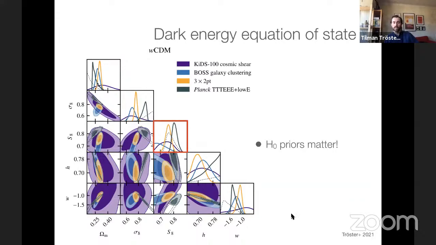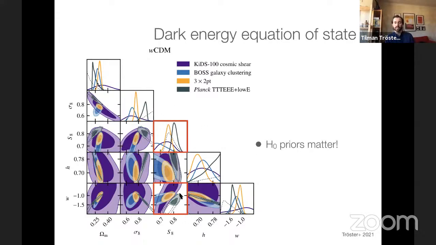And furthermore, if you look at the joint constraints of our new parameter, which is this w, the equation of state of dark energy, and S8, you see that in this parameter space, they don't actually agree with each other at all. It's just once you project this along S8 that you have that projection effect that seems like an agreement.